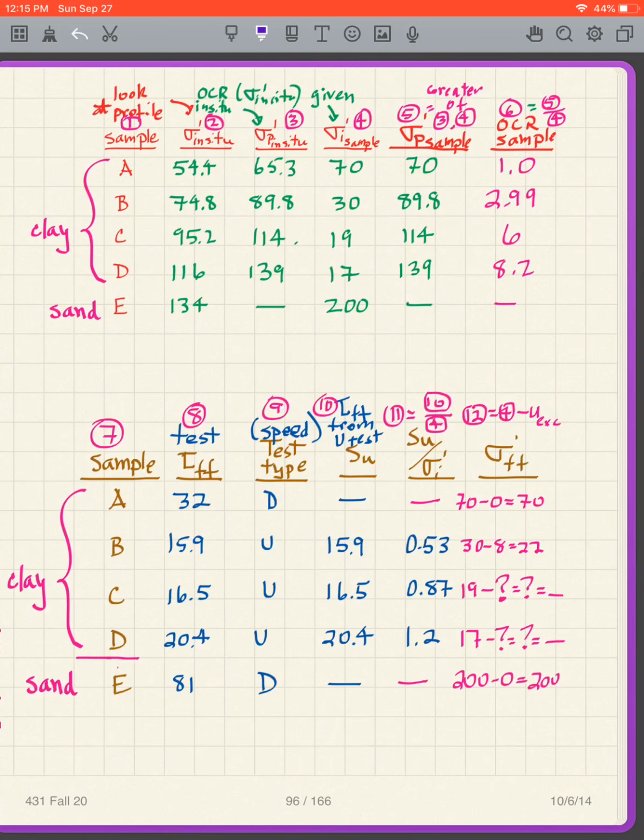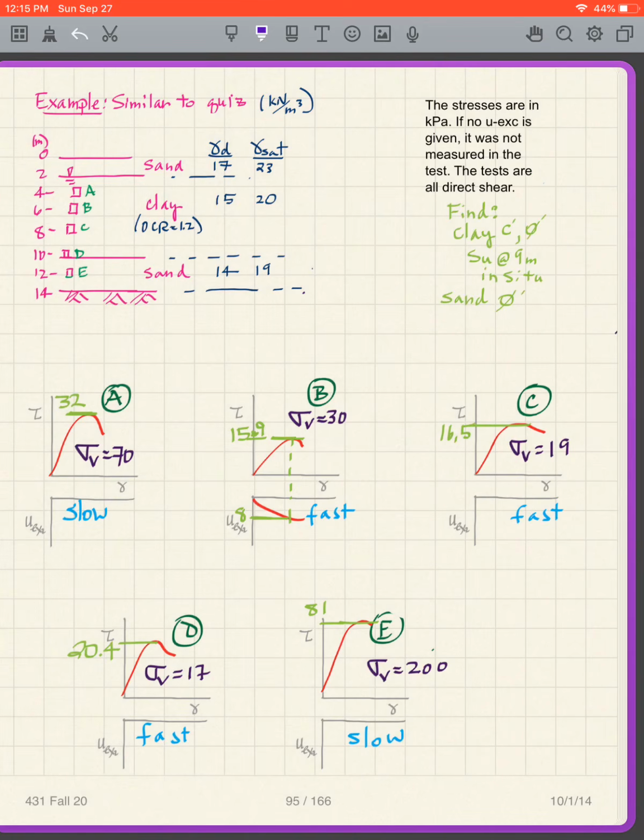Okay, so now, again, for column 8 here, these are given in the test. So those are the tau FFs of the test: 32, 15.9, 16.5, 20.4, 81.